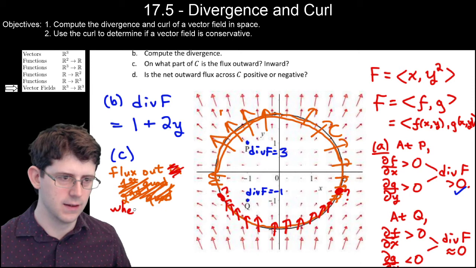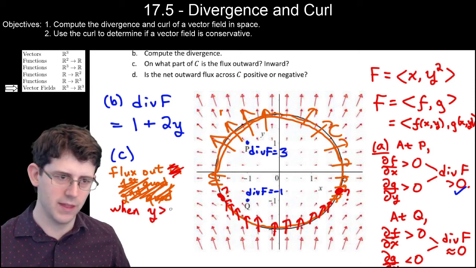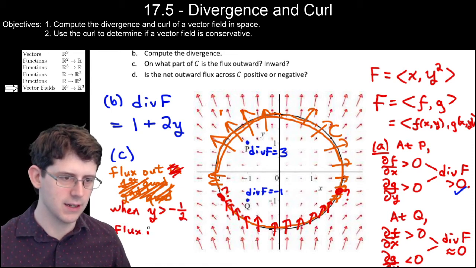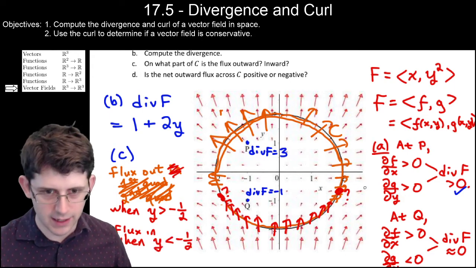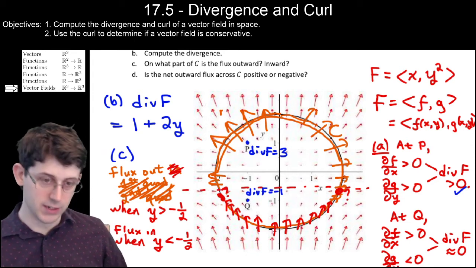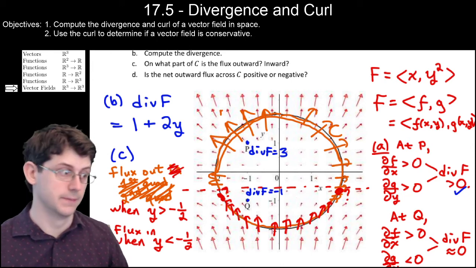when y is sufficiently big. So when y is more than -1/2, let's say. And the flux is inward when y is below -1/2. I'm just approximating, like about here is where the arrows start switching from going out of the circle to coming into the circle.